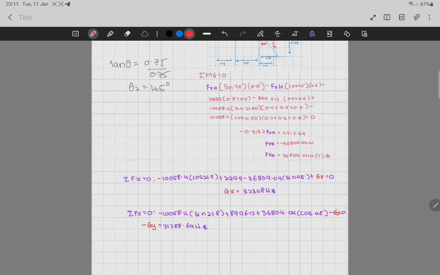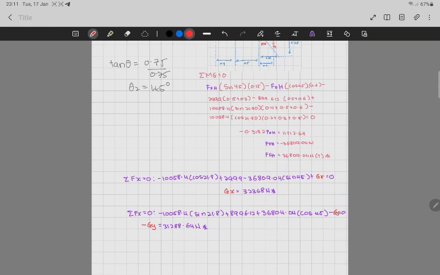And the summation of Fy is equal to 0. So I got negative 10,058.4 sine 21.8 plus 8,996.12 plus 36,809.04 cos 45 minus Gy is equal to 0.